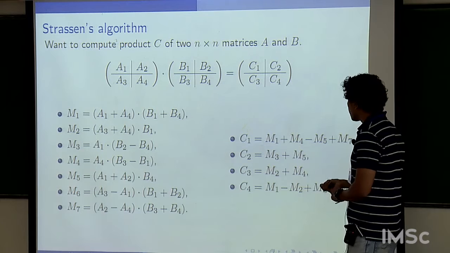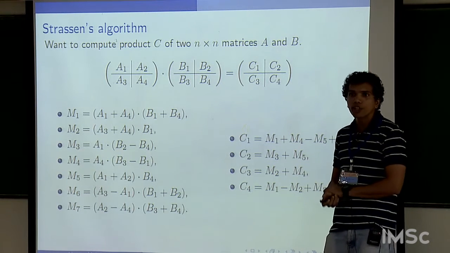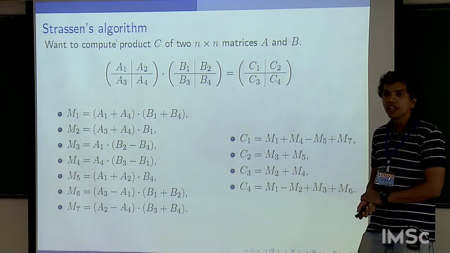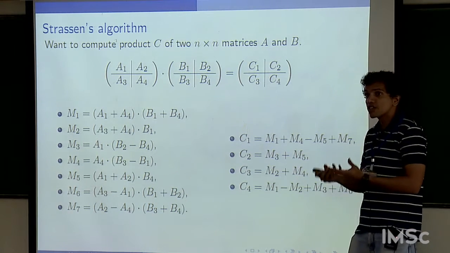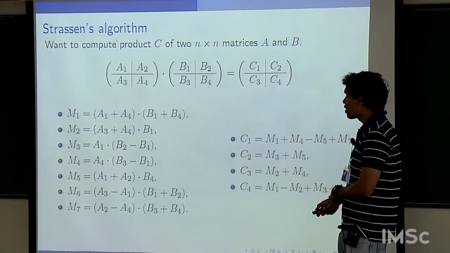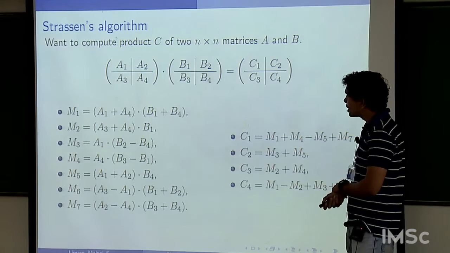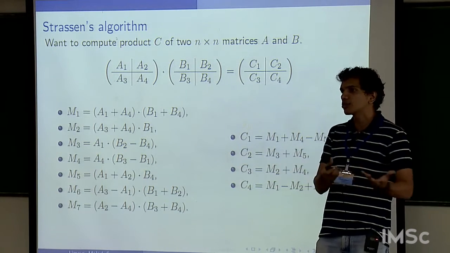But the point I want to impress upon you here is that this is actually a non-commutative circuit for computing C1, C2, C3, C4 in terms of A1, A2, A3, A4, and B1, B2, B3, B4. Because these are actually matrices, you can't use commutativity when you're coming up with this recursive template. So this is actually a non-commutative circuit for something. Of course, it's a constant size thing: you're computing 4 polynomials in terms of 8 variables.